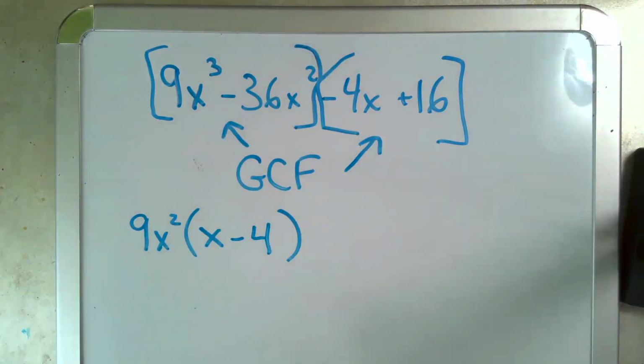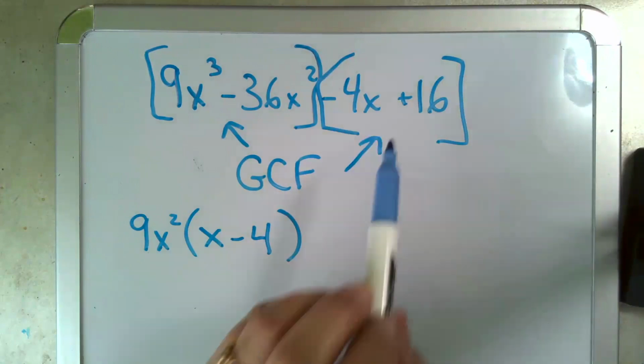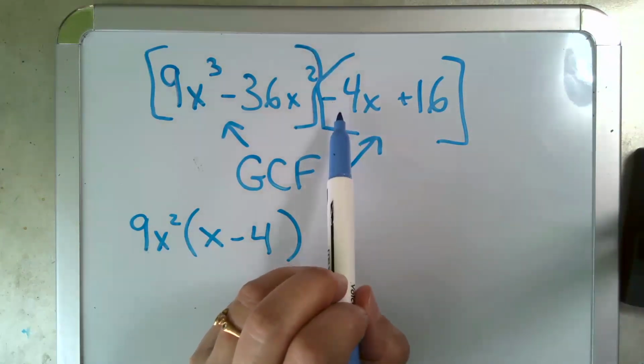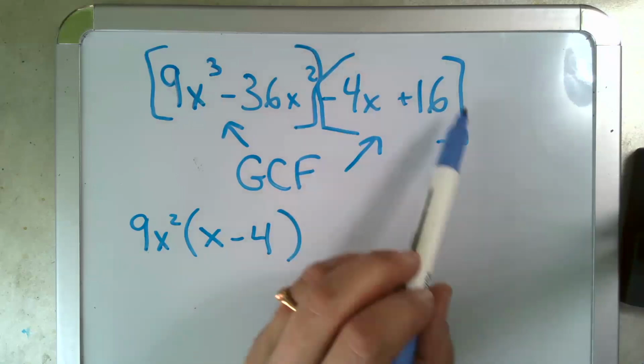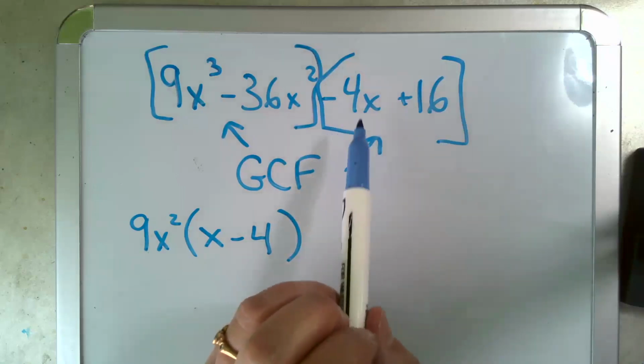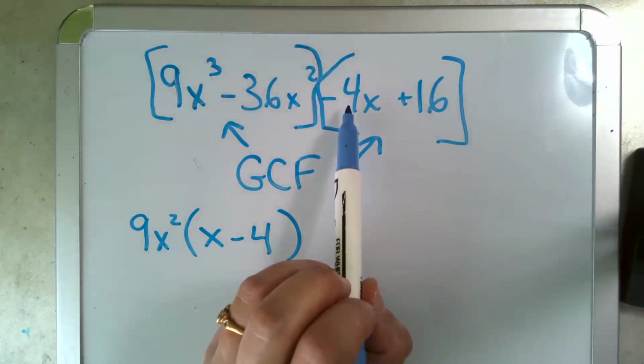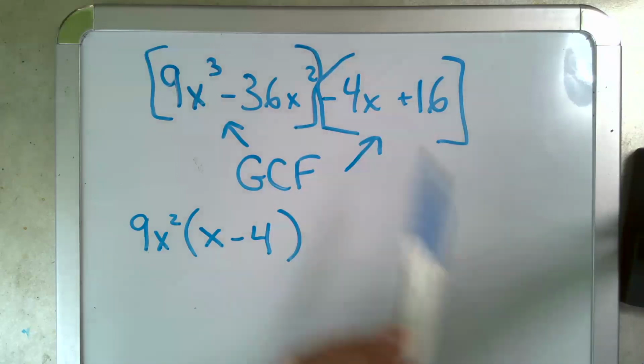Now I do the same thing here, and I don't want to have a negative left inside. So when I look for my greatest common factor, I am going to pull that negative out and divide negative 4 out of both.